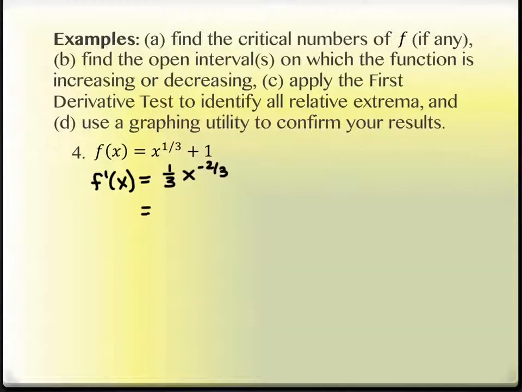If you would like to rewrite this so that it's easier to look at, this is 1/3 x to the 2/3 in the denominator, or you could put the cube root of x squared, if you like that better.